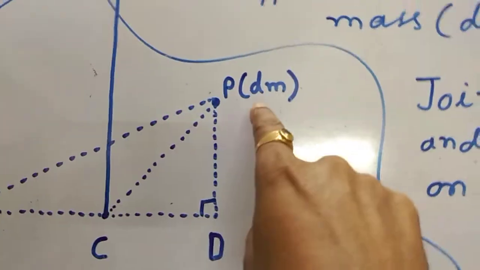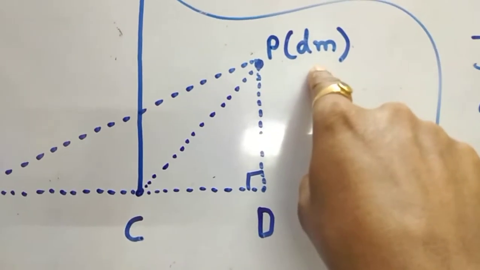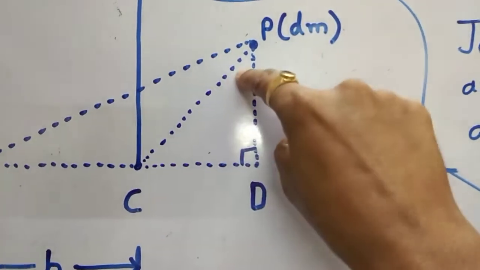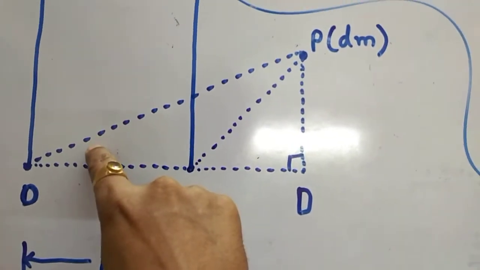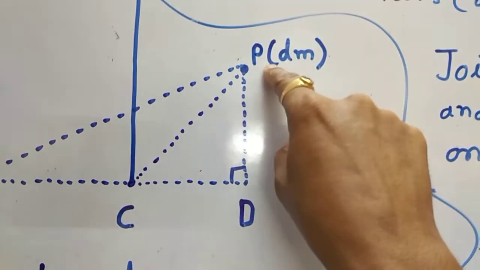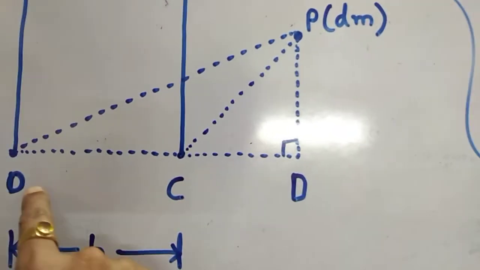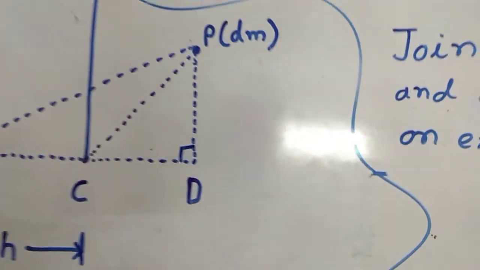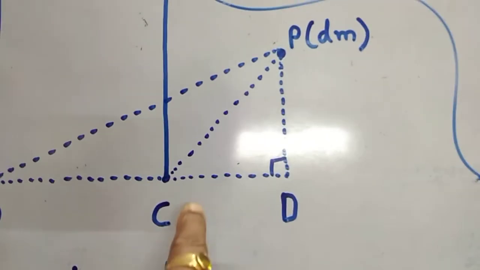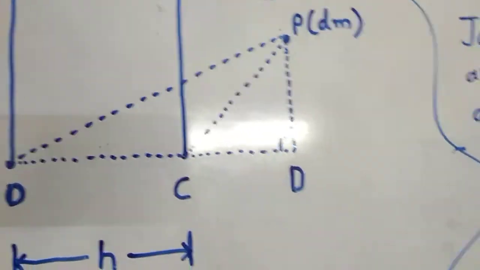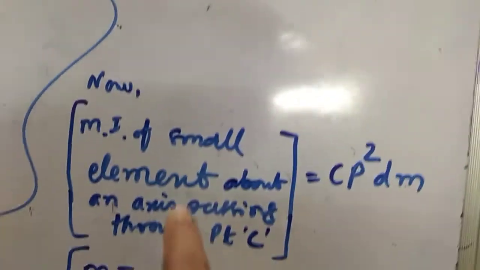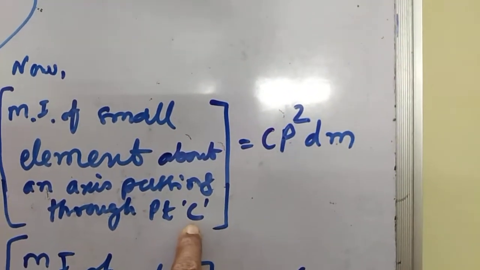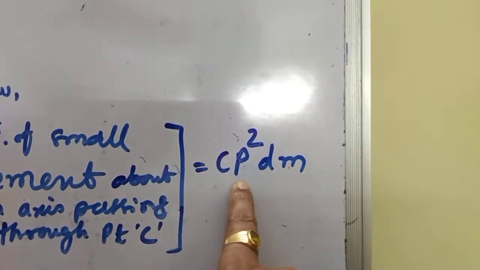Now suppose here a small element of mass dm situated at point P. Join CP and OP and draw a perpendicular PD on the extended line OD. Now to calculate the moment of inertia at point C and at point O, consider the moment of inertia of small element about an axis passing through point C, which is equal to CP square into dm.